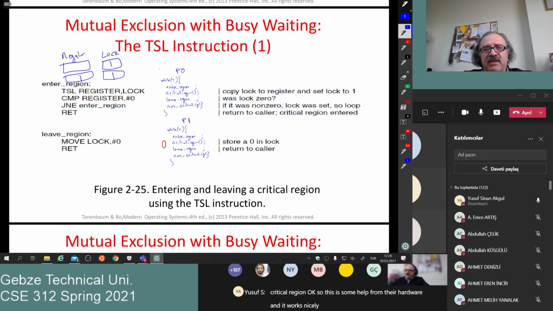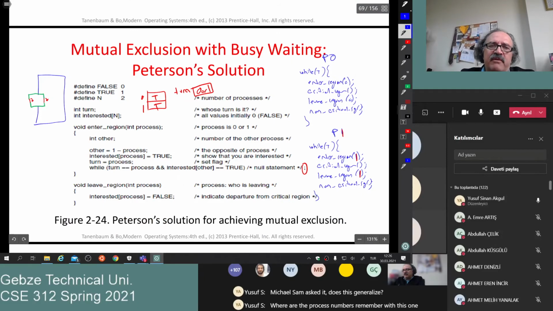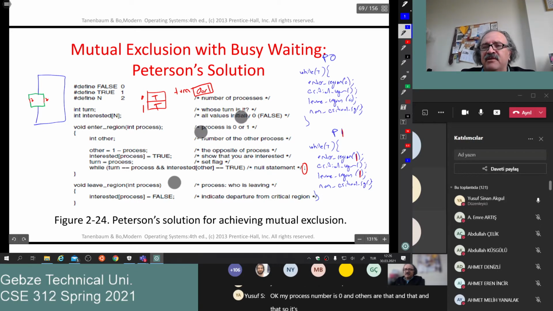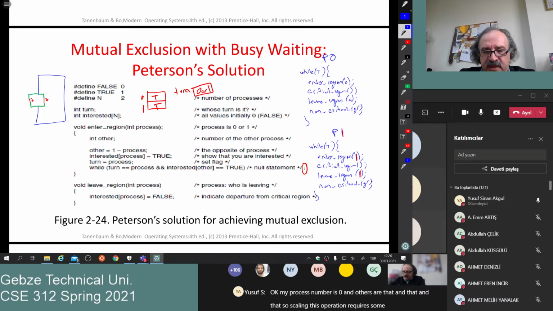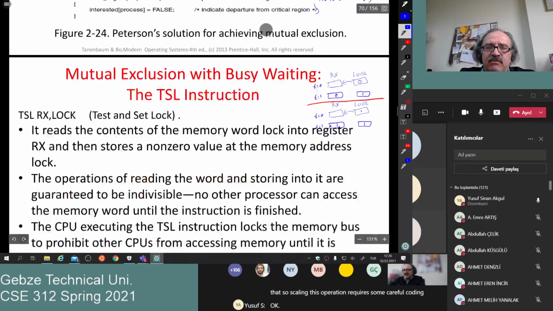Like Osama asked, does this generalize? Where are the process numbers? Remember, with the previous approach, you need to talk about the process numbers: my process number is 0 and the others are that and that and that. So scaling this up requires some careful coding, and maybe using it is a little bit more difficult.